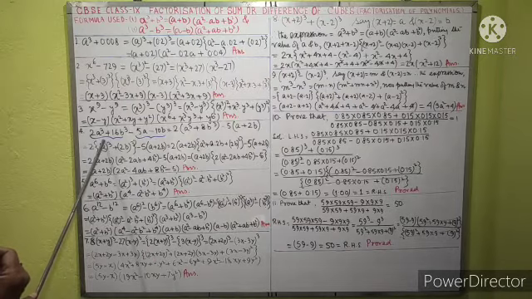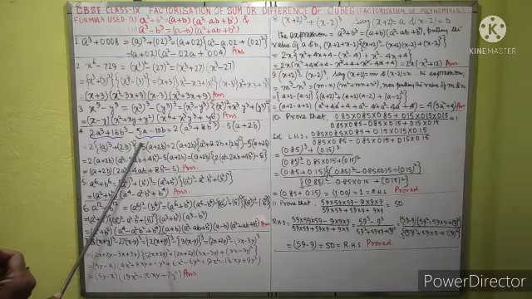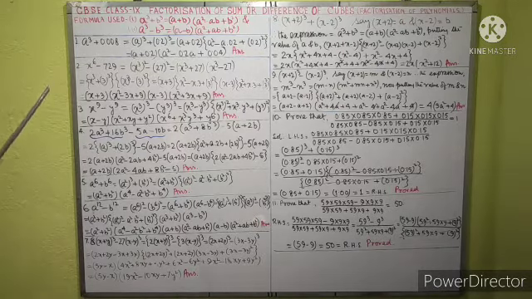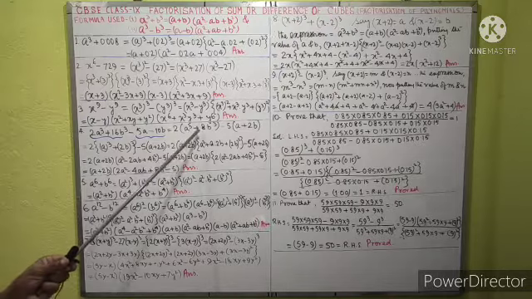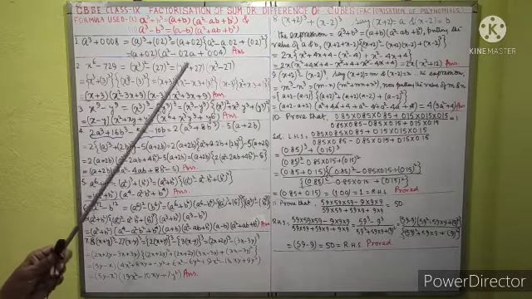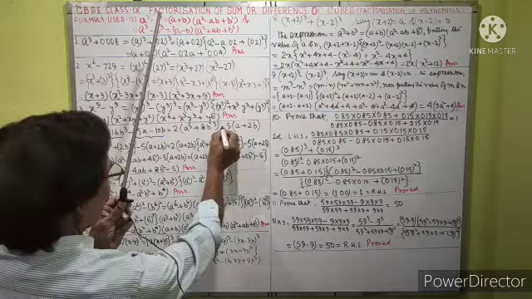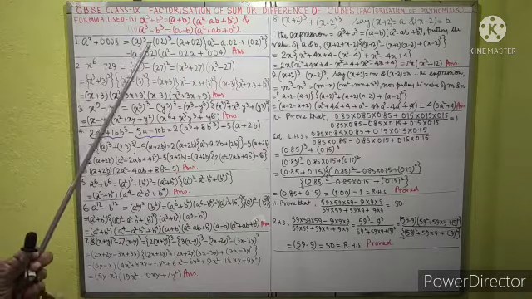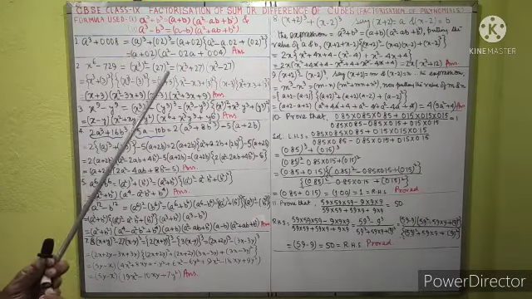Next question, 2a cube plus 16b cube minus 5a minus 10b. From the first part we have taken 2 common, and from the second part we have taken 5 common, and this is 2(a cube plus 8b cube) minus 5(a plus 2b).